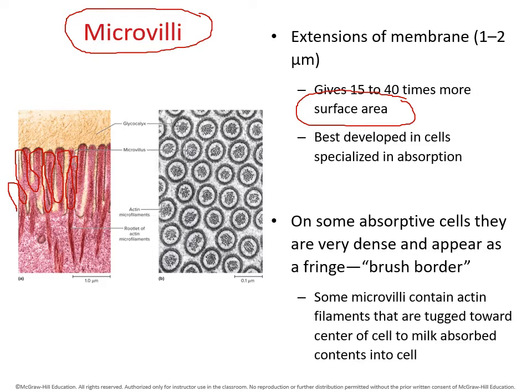A really good example of where you would have microvilli would be, for instance, in your digestive tract. As food travels from your stomach into your small intestines, when the food becomes small enough that its nutrition is being released, we see that our small intestines is lined with microvilli, and they create what we call a brush border.